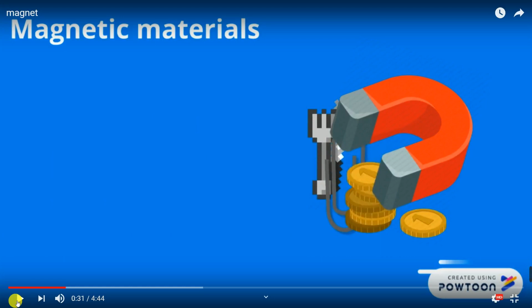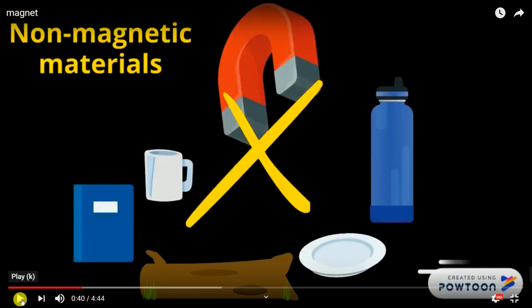Again, coins and paperclips or an iron nail or a fork made of steel, all of these materials can be attracted to a magnet, so they are known as magnetic materials. Okay, but can plastic, paper or wood be attracted to a magnet? No, so they are known as non-magnetic materials.